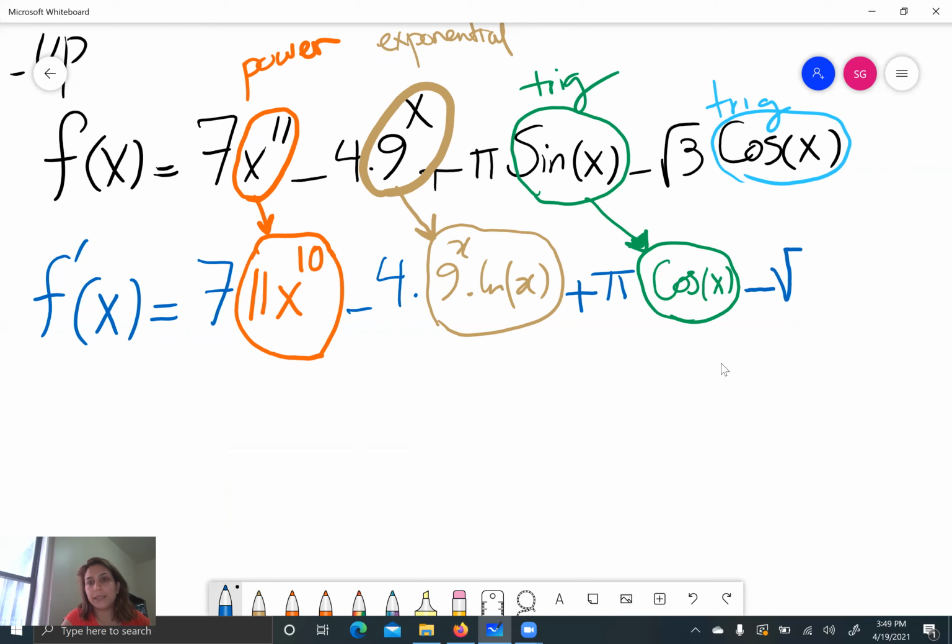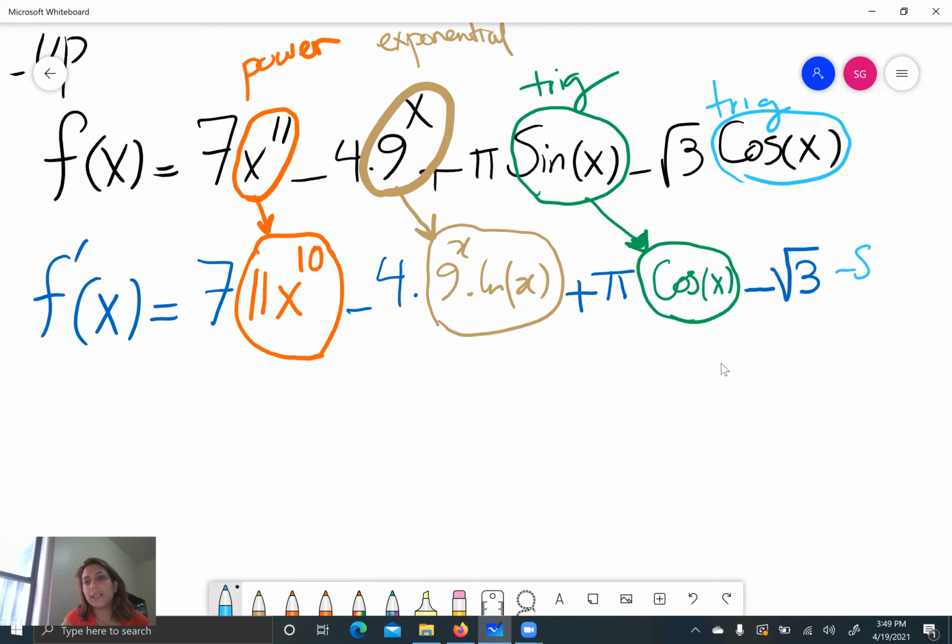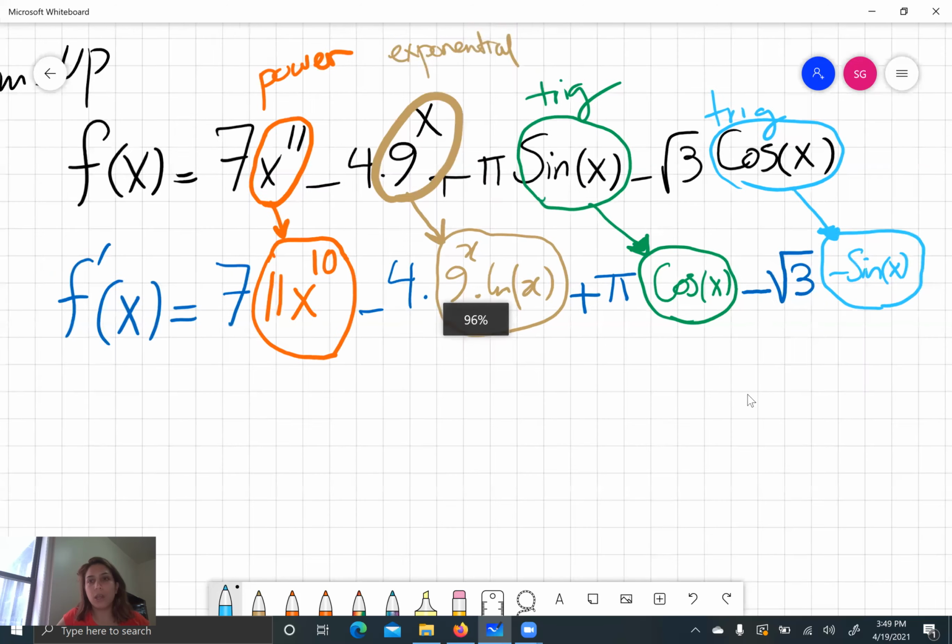The multiplier is the square root of 3. And then finally, we just need to take the derivative of cosine, which is negative sine of x. So we carry that minus the square root of 3 and we multiply it by the derivative of cosine.